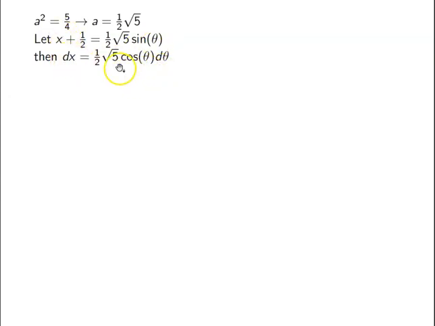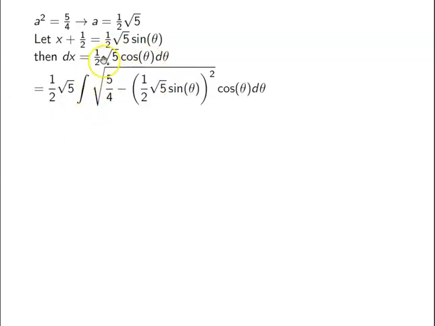So differentiate both sides. The sine just turns into cosine, have the same constant multiple here. Okay, so 1/2 √5 cosine theta d theta. That's my dx. On the inside, I have my a sine theta, so 1/2 √5 sine theta. I square everything.